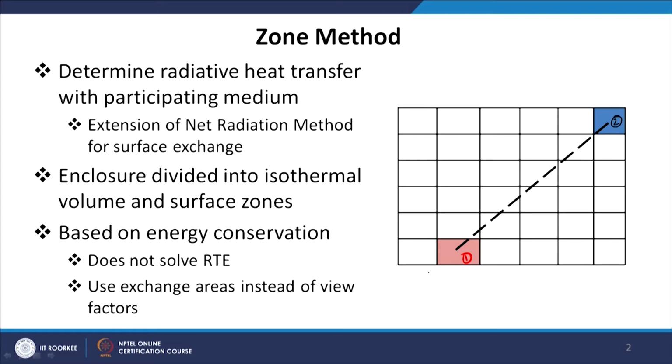Now, we will call the surfaces of these small cells surface zones and the volumes volume zones. So, each volume in this mesh is called a volume zone, while the surfaces of the volumes are called surface zones.